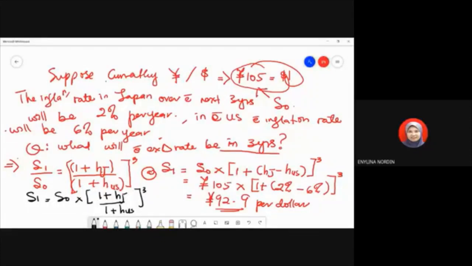Then put into the formula, then you will get more or less the same, which is 92.9, and if we approximate and round off the figure, it's 93. Okay, so this is PPP.